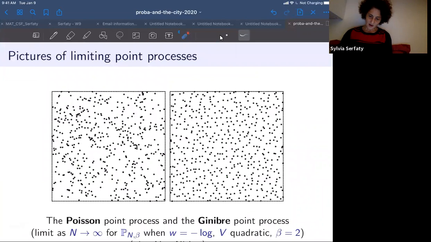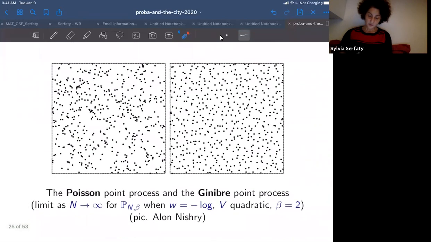Okay, so now what happens when we put the temperature back in the business? You have to express things in terms of point processes now, not just point configurations. So you see here point processes that you know well, the Poisson on the left, and Ginibre on the right, which is the only point process that we know for these Coulomb gases.